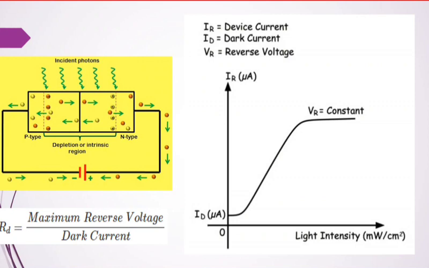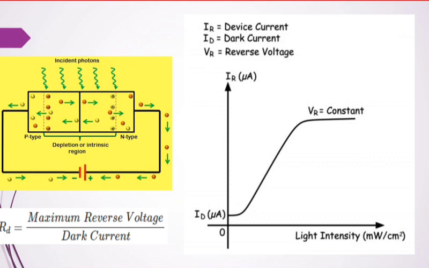Even if you are not applying any light to the diode, due to the reverse bias condition, a very small amount of current will flow when you are in a dark room, which means there is no application of light.